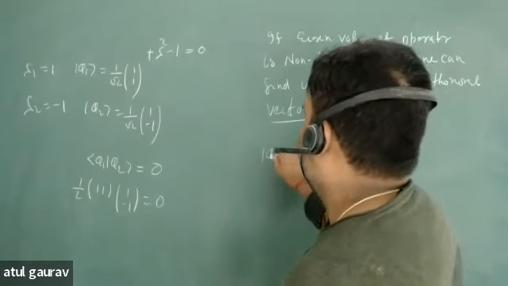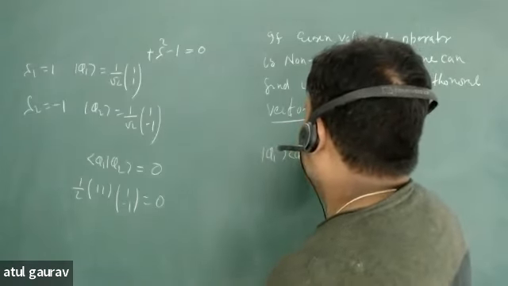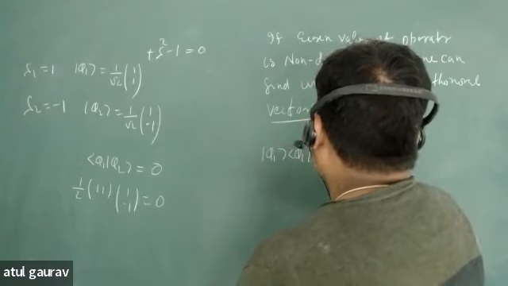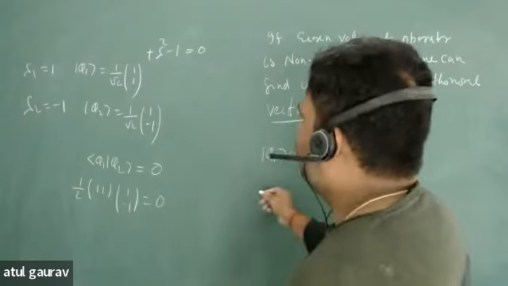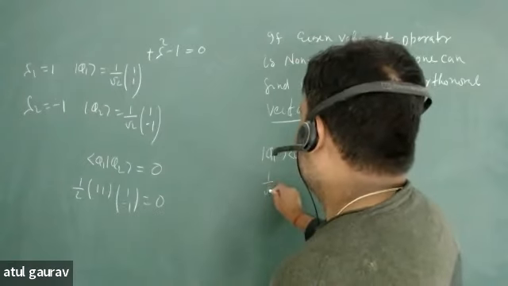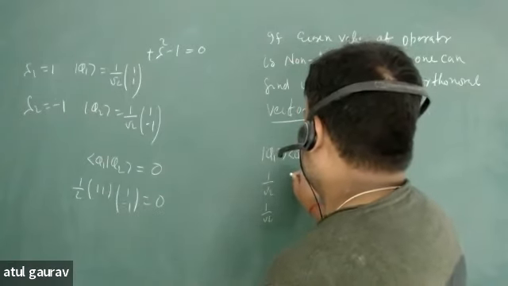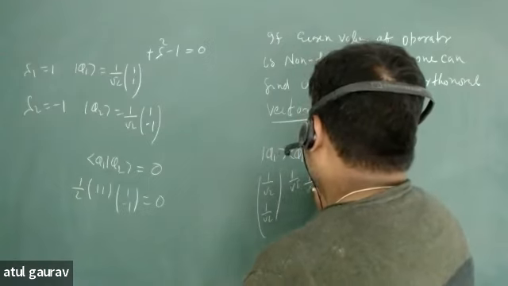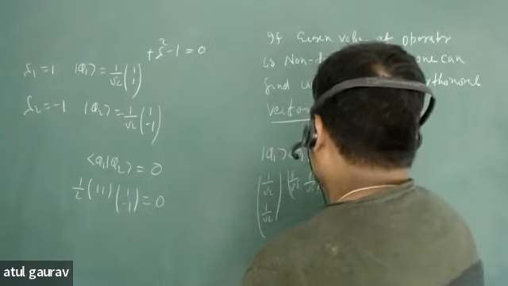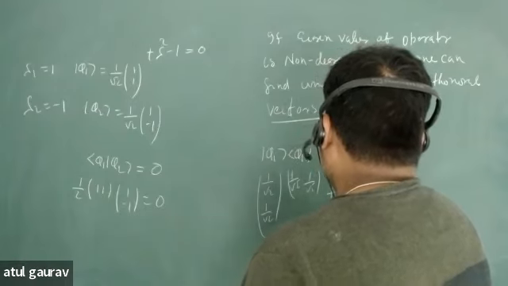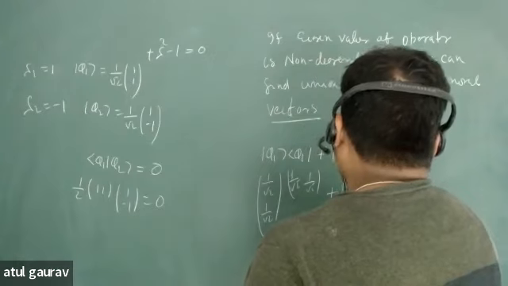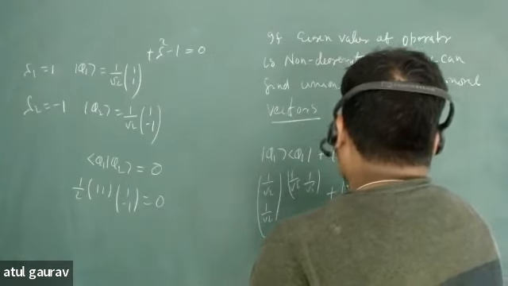You can easily check. Let's check phi 1 plus phi 2 — does the identity come? You can have 1 by root 2, 1 by root 2, plus 1 by root 2, minus 1 by root 2, and you have 1 by root 2 minus 1 by root 2.